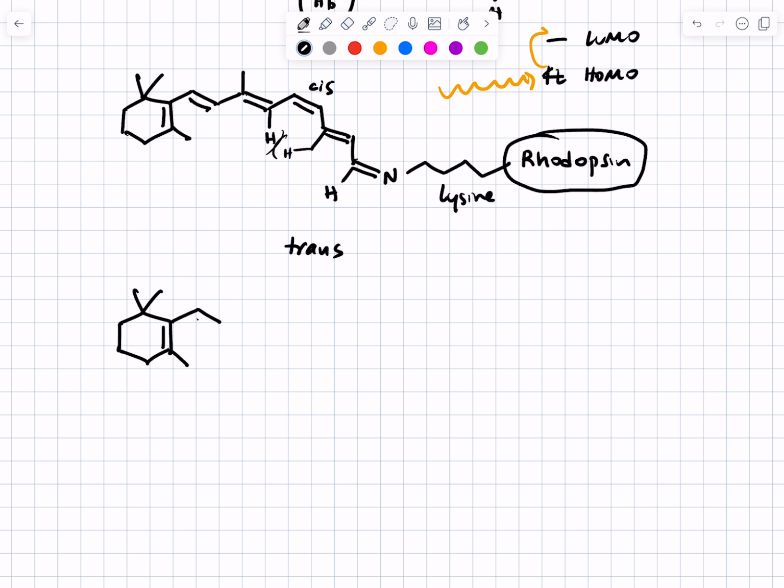So here's what that would look like. I don't know why I'm drawing it, because I think you could pretty well visualize it yourself, but why not? There's the now trans double bond. All right. And it turns out that change is a big enough change inside the protein that this brings this group bumping into something else that changes the shape of the protein.